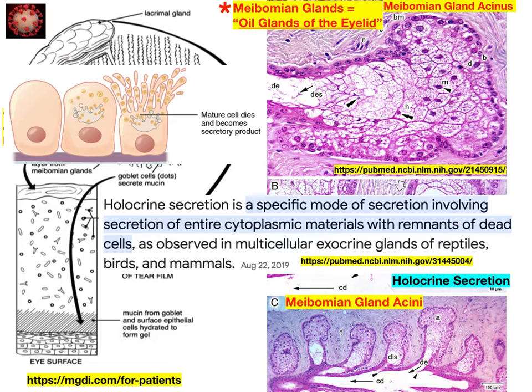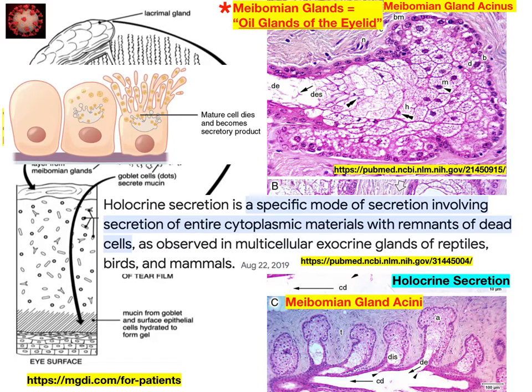One sees cytoplasmic materials, in this case oil, accumulating within intracellular vesicles, and then at some point the filled cell ruptures, discharging this cytoplasmic material, and the cell dies in this process.